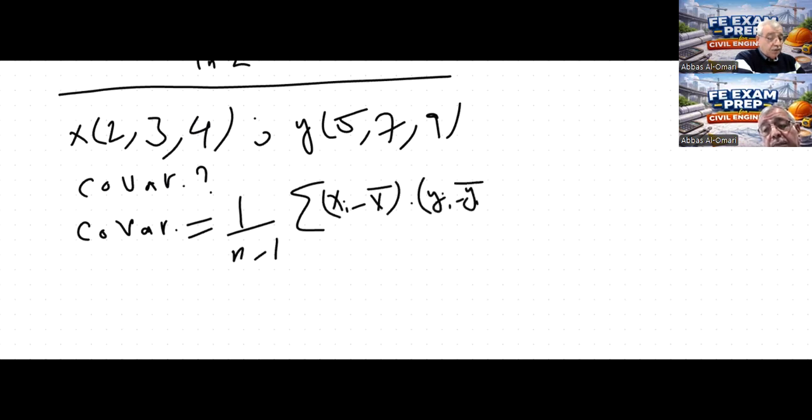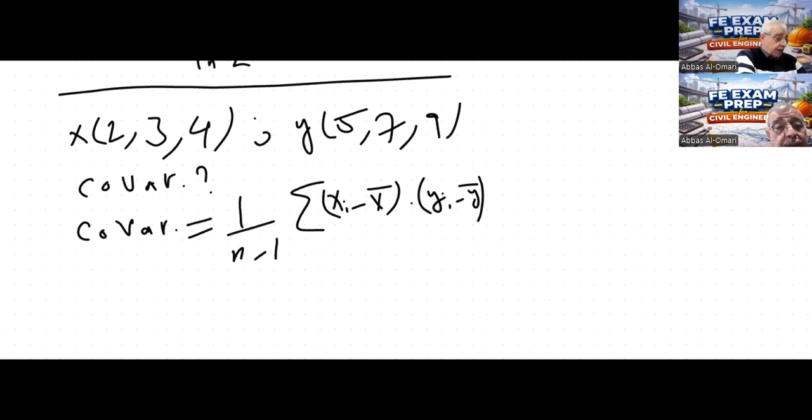So this is the formula for the covariance. We first have to find X bar and Y bar, which are the averages for the X data set and for the Y data set.